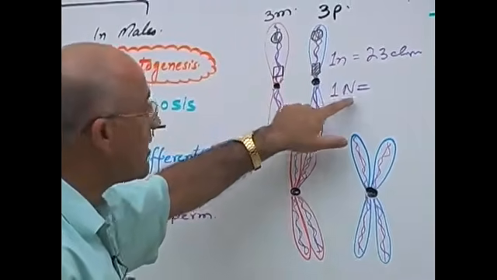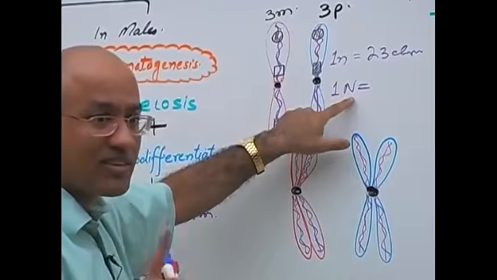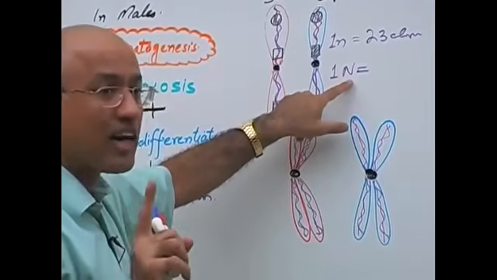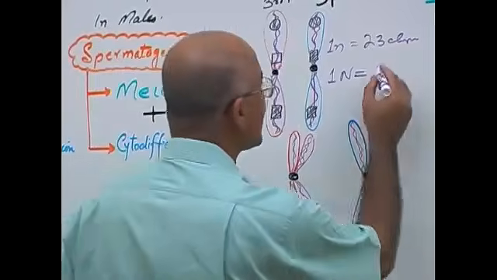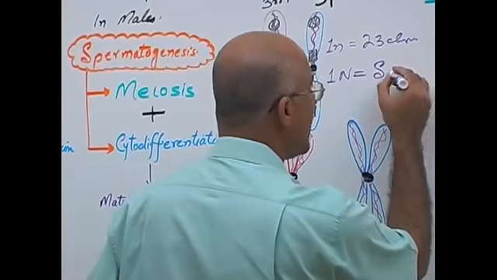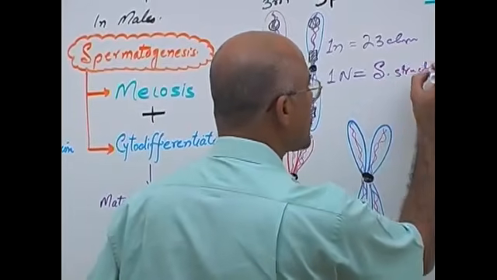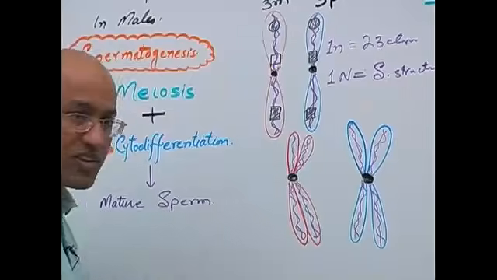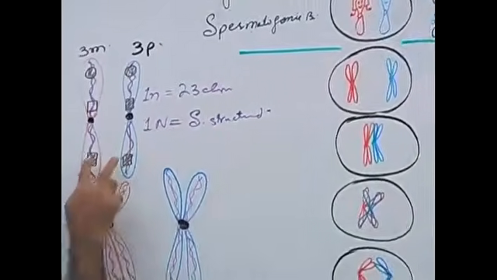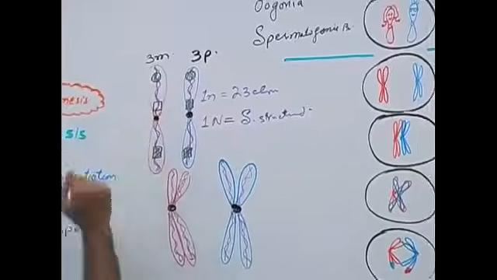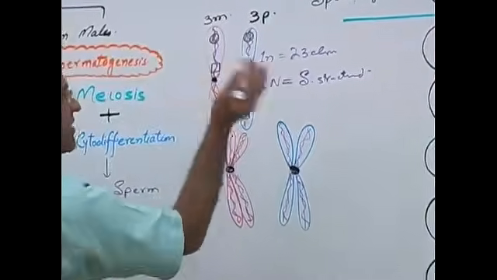And if I say 1 capital N, it means all 23 chromosomes are single structured, single chromatid chromosomes. In the same way, these 2 chromosomes I have drawn here are again on the maternal side. How many chromosomes from the maternal side?